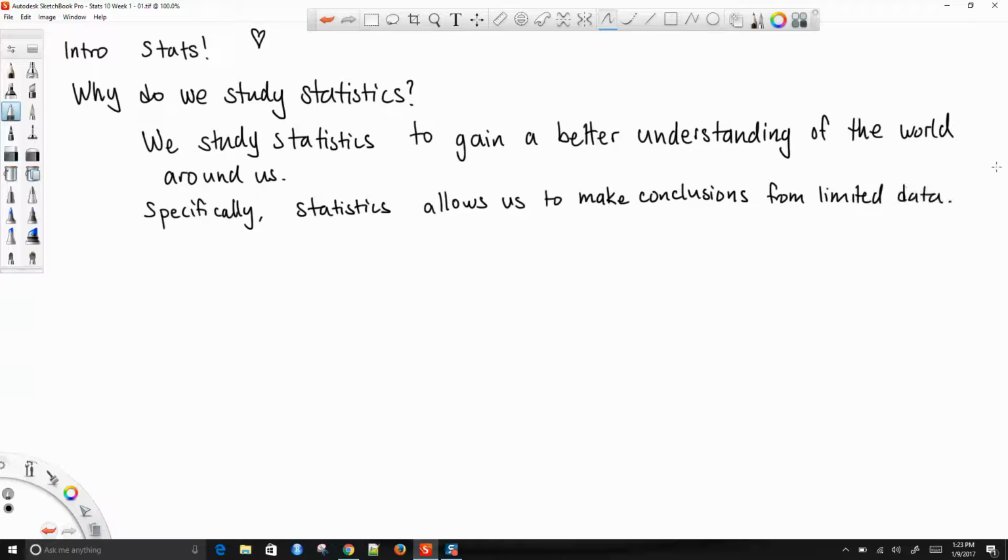Okay. So let me tell you what I mean by making conclusions from limited data. A lot of times in science, if we do science to try to learn more stuff, you're going to start off with some kind of research question. So science, or whatever it might be, any kind of science really, often begins with some kind of research question.